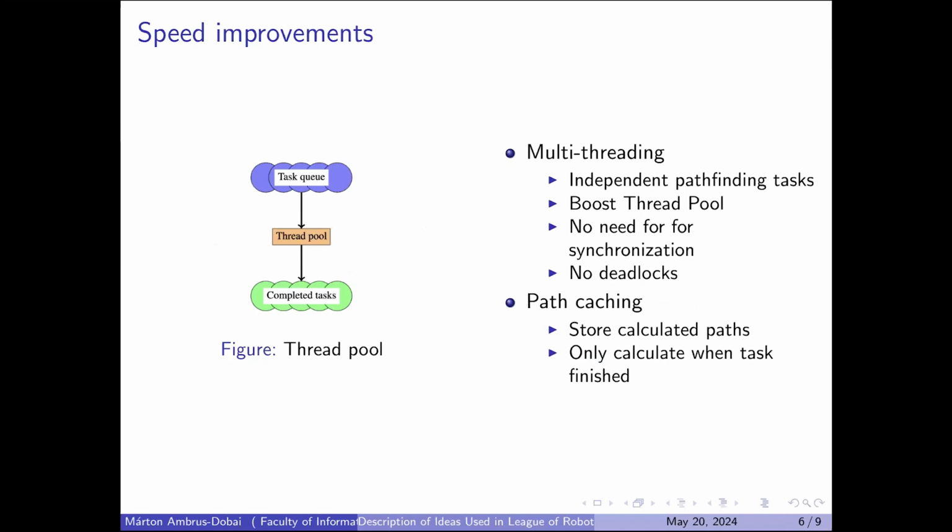So I started caching the computed paths and only use the already calculated paths and only calculate a new path for the agent who reached their task location.